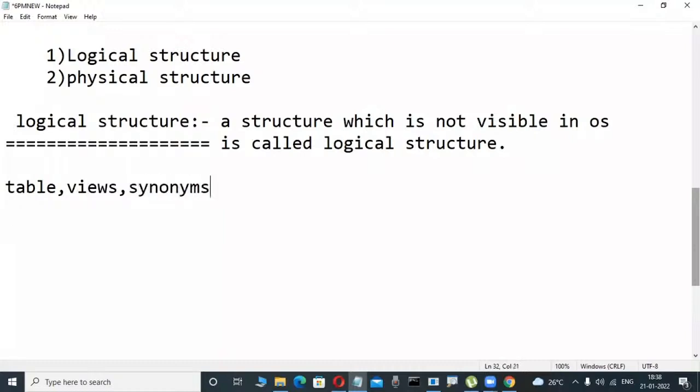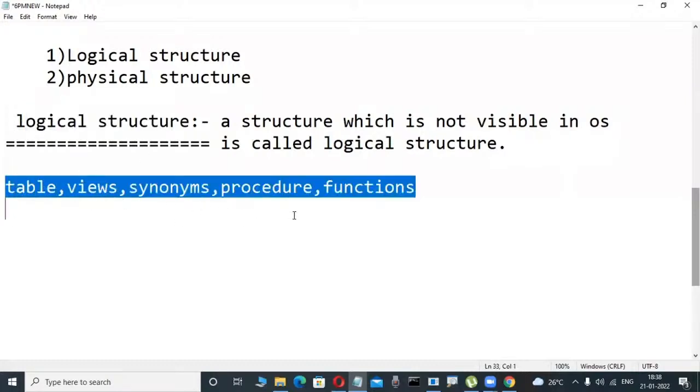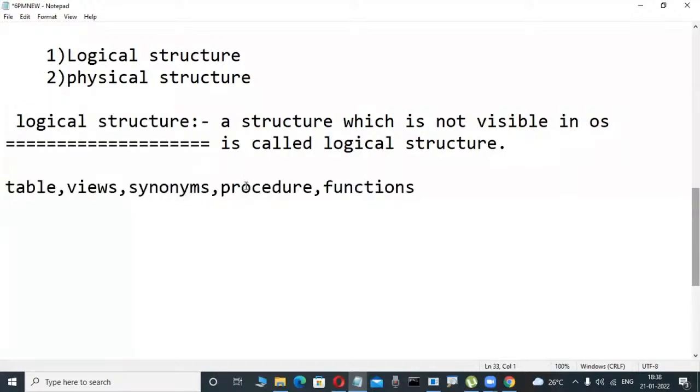These are all database objects. Procedures, functions, triggers, packages are there. So many things. These are all logical structure, not visible in the operating system. Whatever objects we are learning in these courses are not in the operating system.